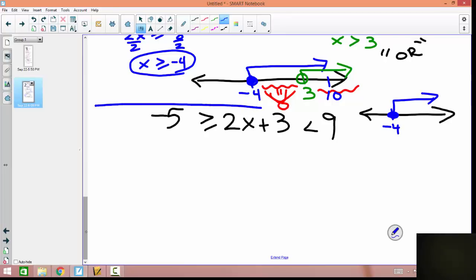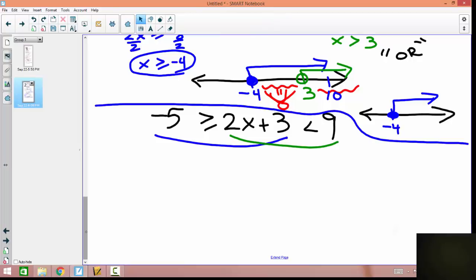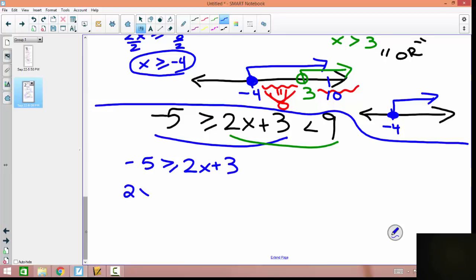Okay, we're going to graph the same one, opposite directions. We've got this, we've got this. So -5 is greater than or equal to 2x plus 3. You may just want to rewrite that inequality instantly with the Pac-Man eating the -5.